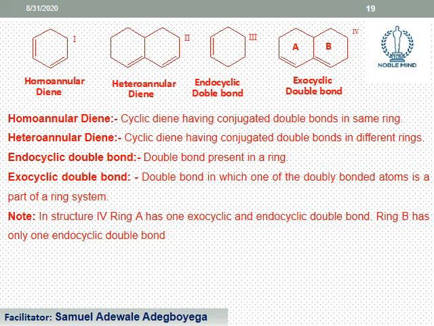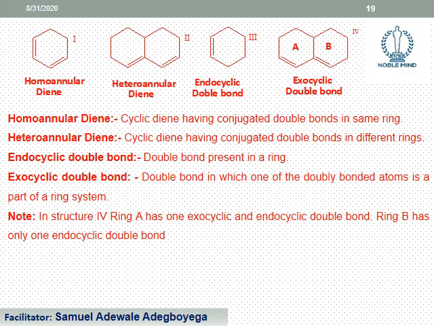If you have two rings in which a double bond from the other ring is adjacent to the first ring, it becomes exocyclic. Just as the name heteroannular means, you have two rings and the double bonds are in different rings, conjugated anyway.